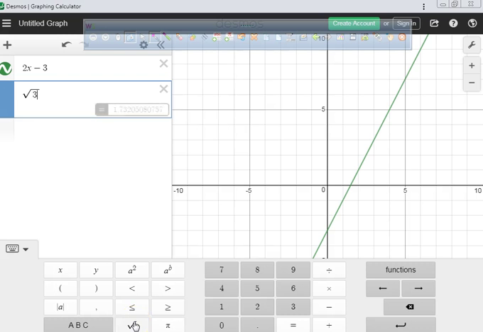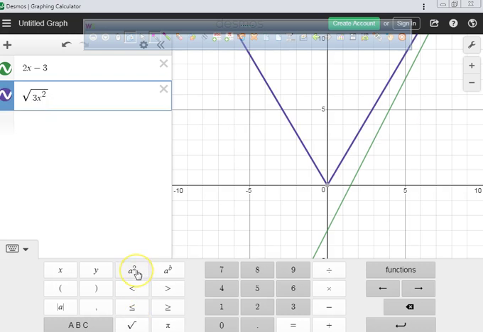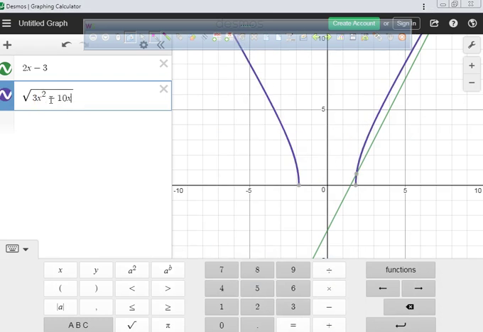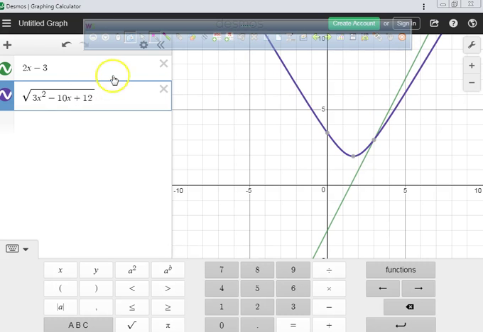And we're going to type in 3x squared. What was it? Is it minus 10x? Okay, so instead of minus 10y, I'm going to put minus 10x, and then what is it? Is it plus 12?